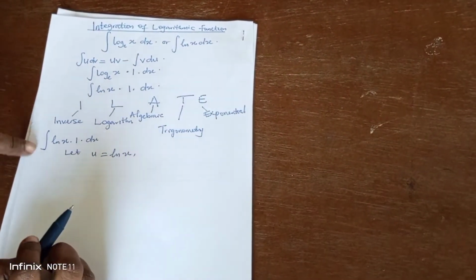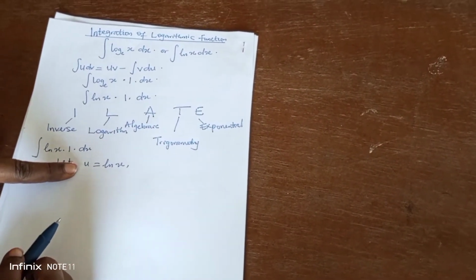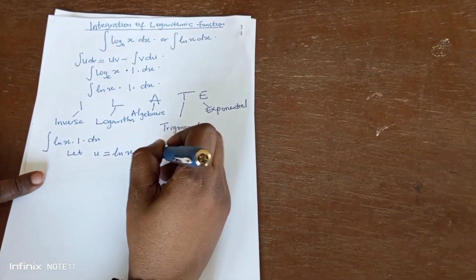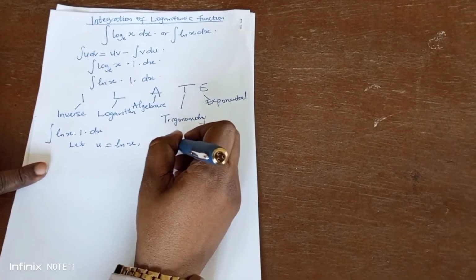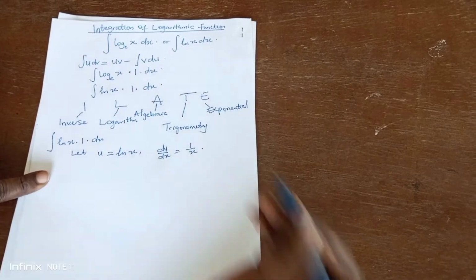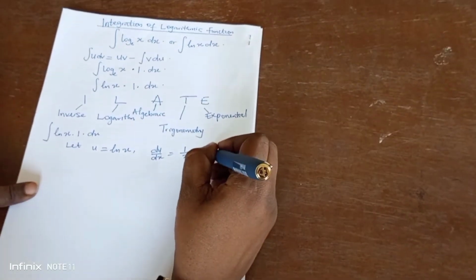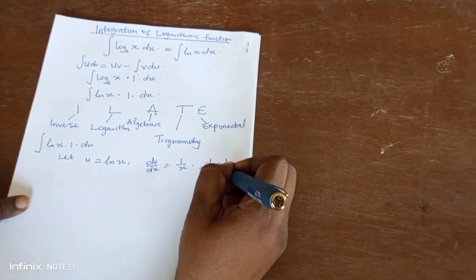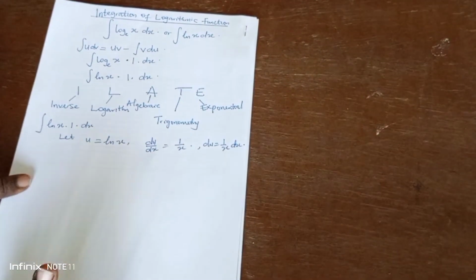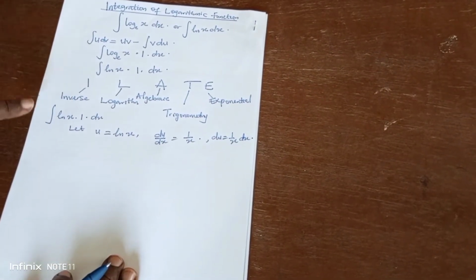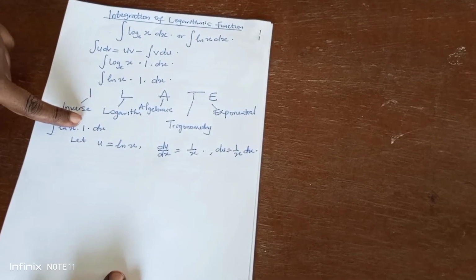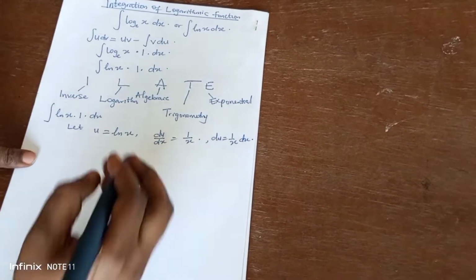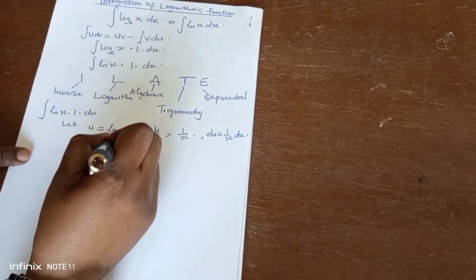Now you need to differentiate it, so du/dx is equal to 1 over x. So you can now say that your du is equal to 1 over x dx. So you keep that one. The next thing is that you take your dv. So 1 will be your dv. So dv is equal to 1.